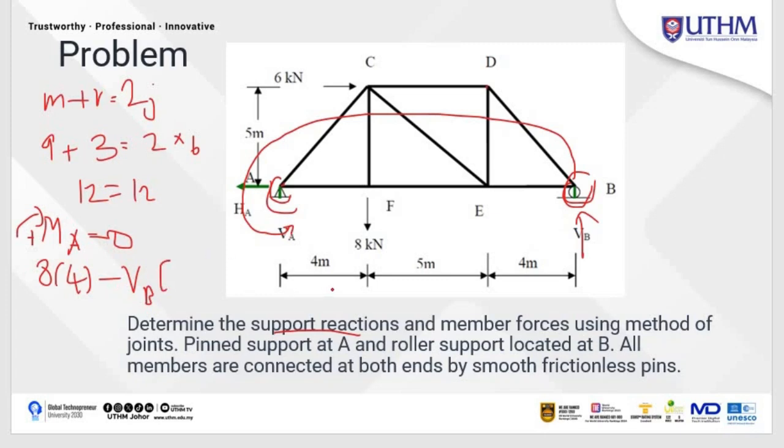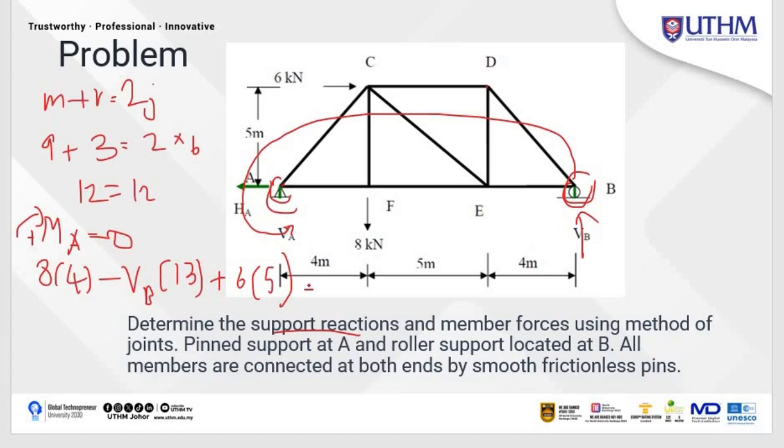We multiply with the distance 5 plus 4 plus 4, which is 13. We also have another point load in the horizontal direction. This one is positive 6 because the rotation is clockwise, and we multiply with the distance, which is 5 meters.